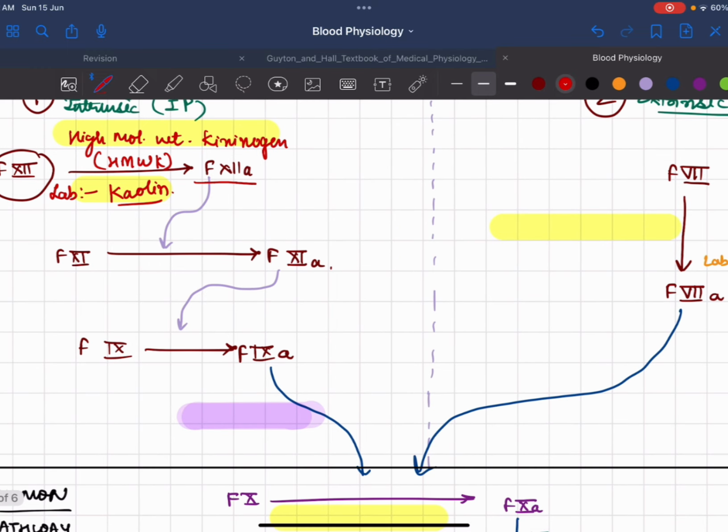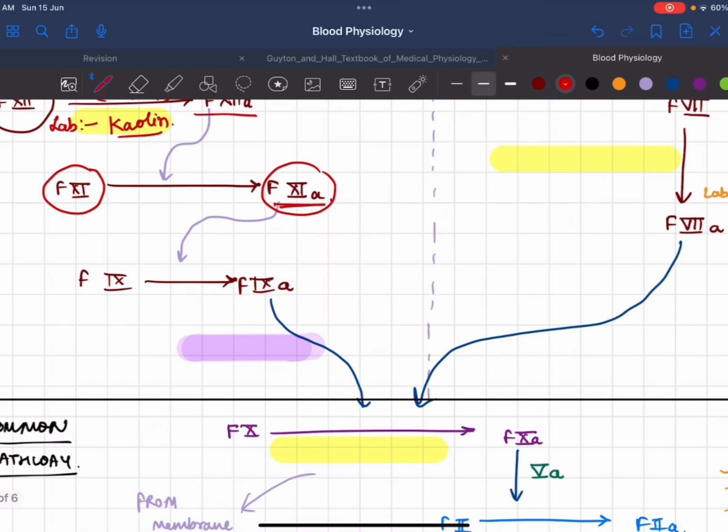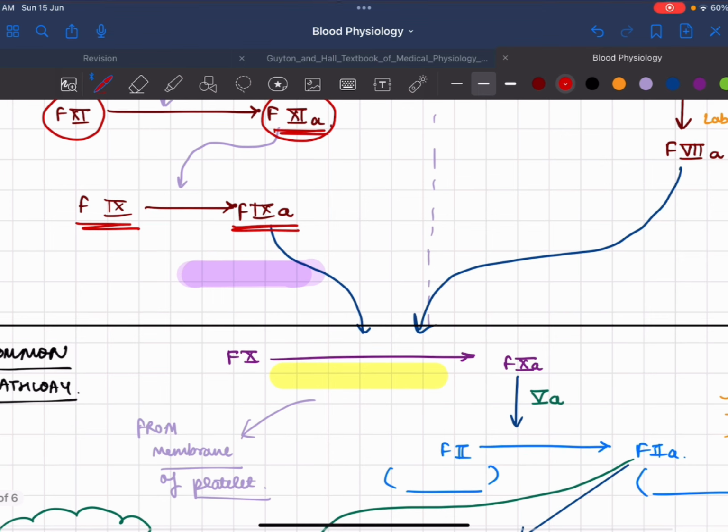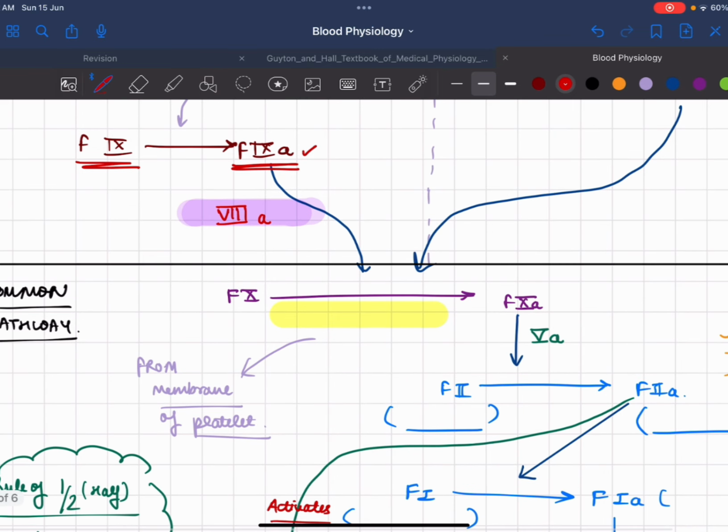Now this factor 12A formed converts factor 11 into factor 11A. Now this factor 11 further converts factor 9 into factor 9A, and then factor 9A with the help of factor 8A converts factor 10 into factor 10A.